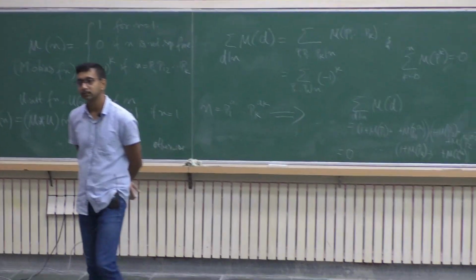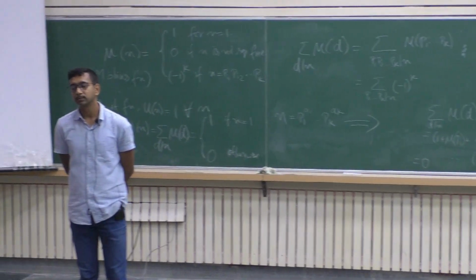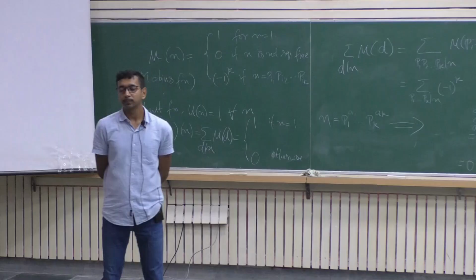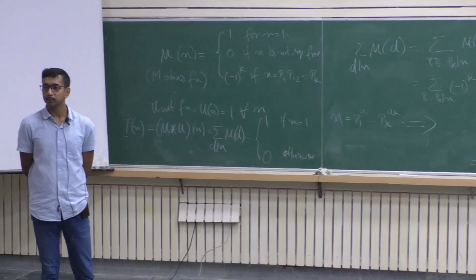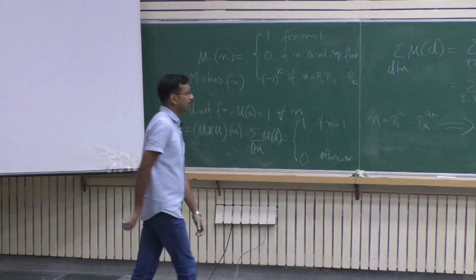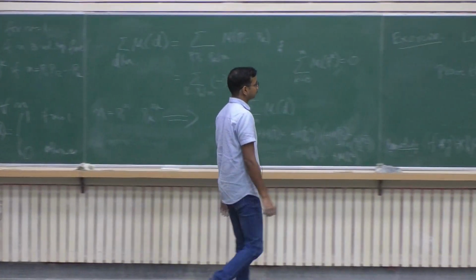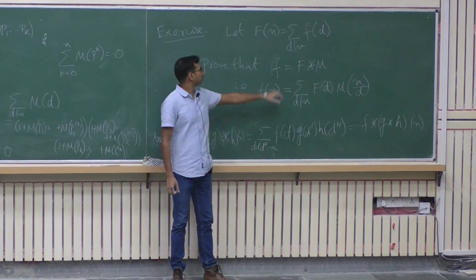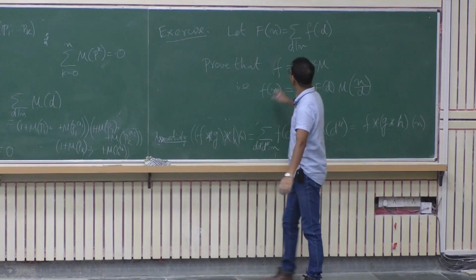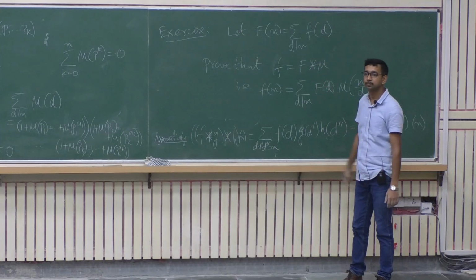Actually, we can write that capital F of n equals the summation over d dividing n of f of d into u of n by d. In the first line there is only f of d.